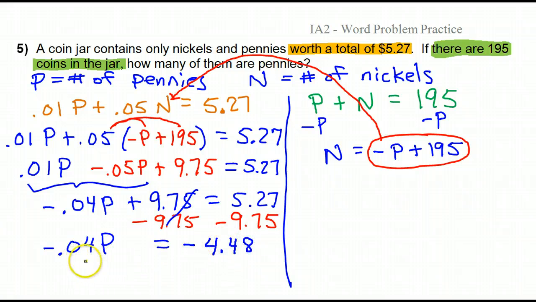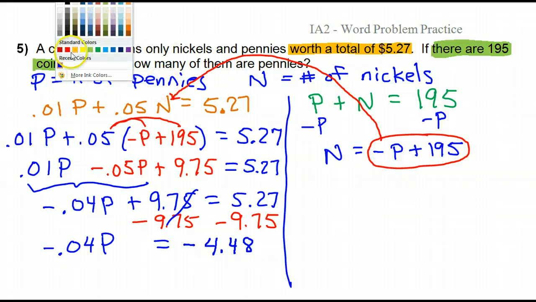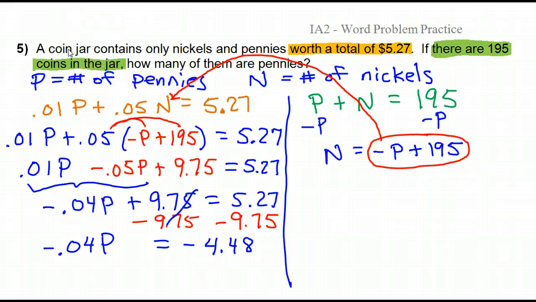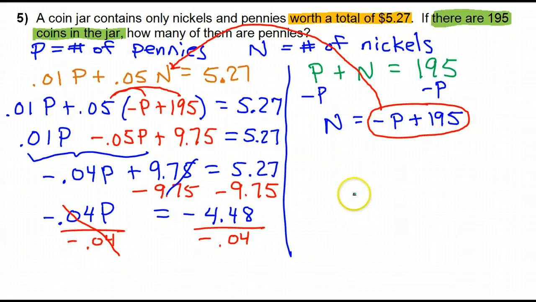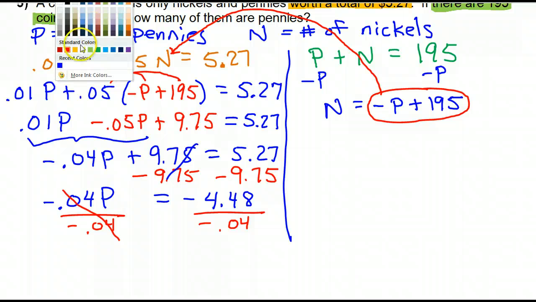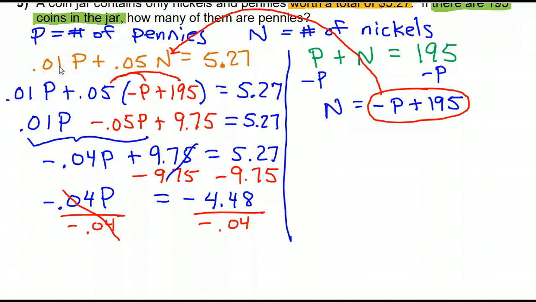Now I just need to divide both sides by negative 0.04, that way these will cancel each other out. So that's going to get me P equals 112.